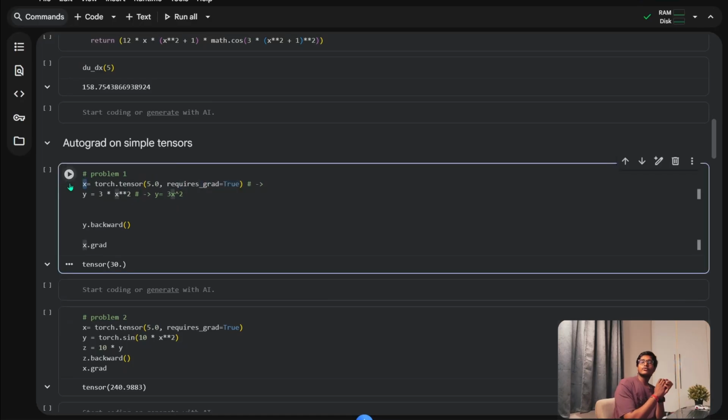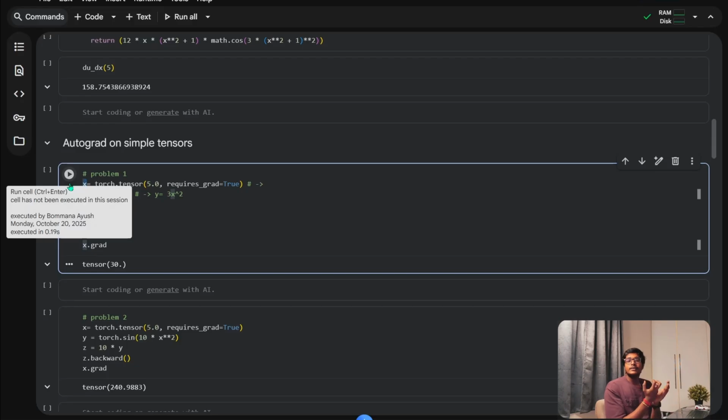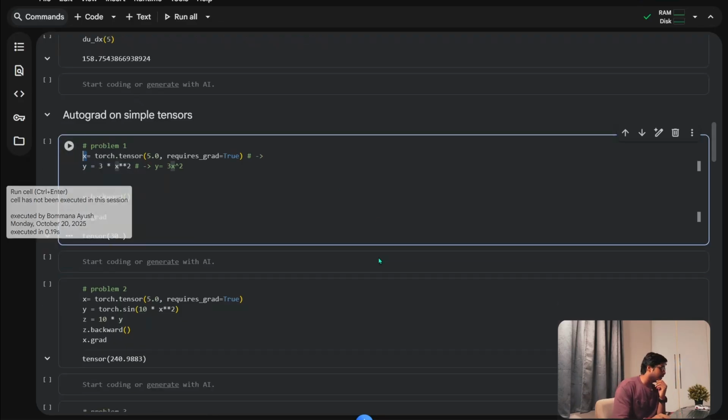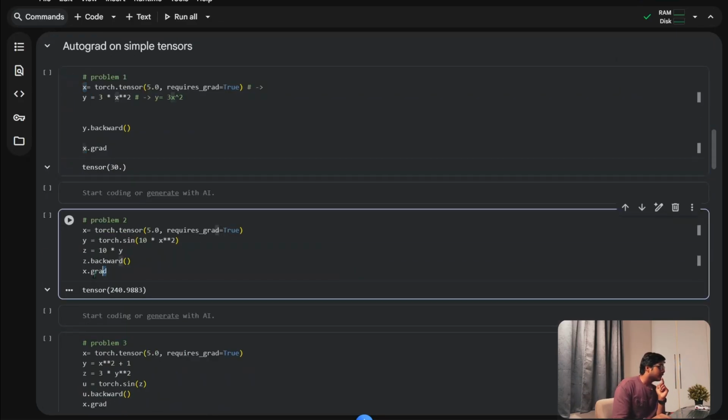Why? Because we want to find the gradient with respect to x. So whatever you want to find the gradient with respect to, you just have to make its requires_grad true. Simply, here we wanted to find the gradient with respect to x. That's why we make requires_grad true on x.